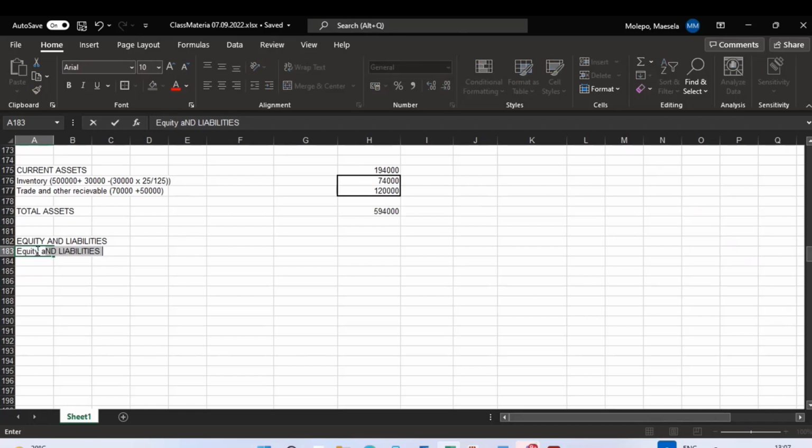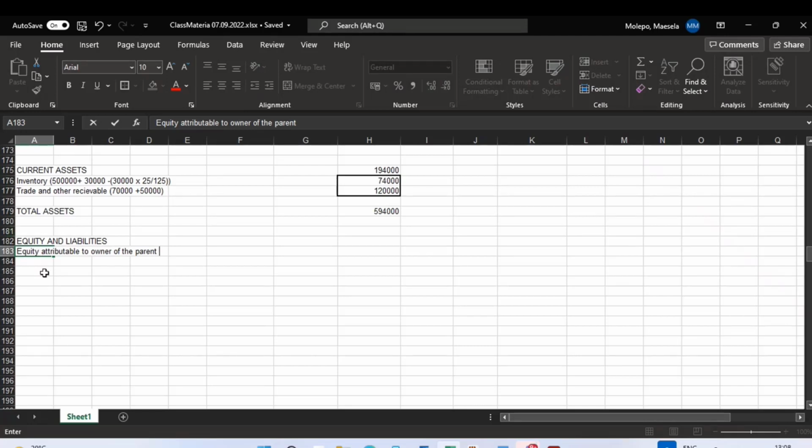Equity attributable to the owners of the parent is how much?